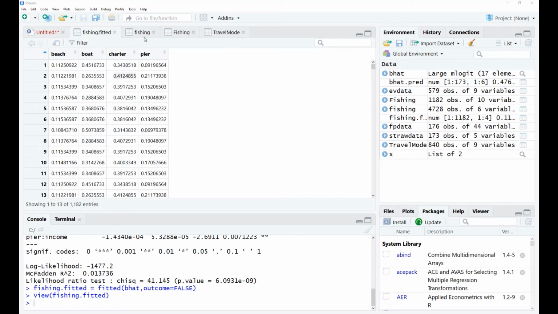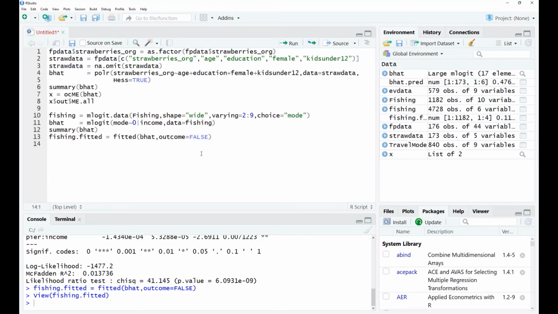Now, let us extend this model by including alternative specific variables. So we are going to copy the model. And note that before the vertical bar, we have the alternative specific variables. In this case, we are interested in catch and price as the alternative specific variables. So we run the model.